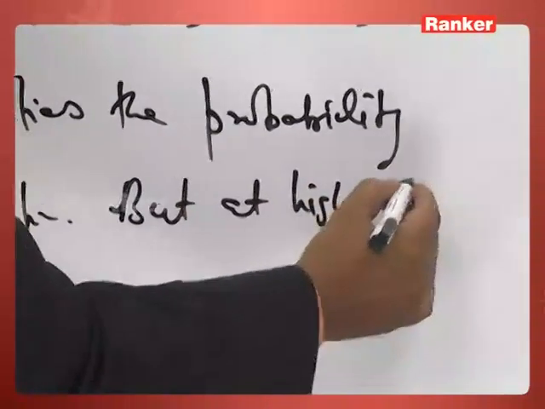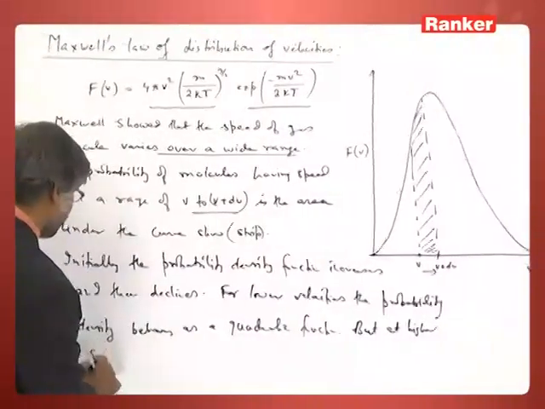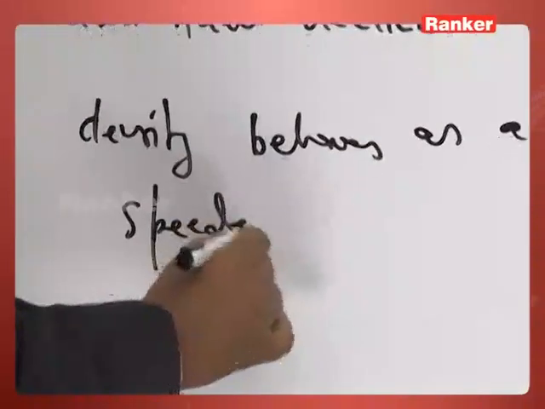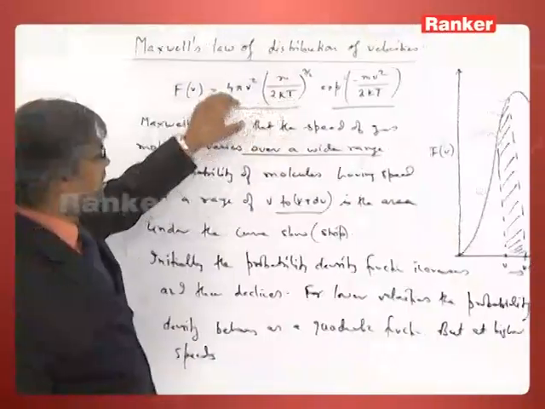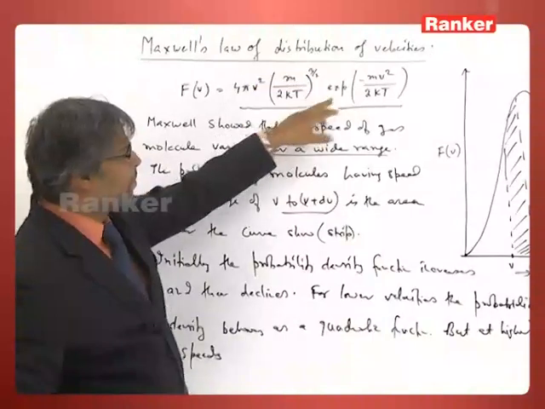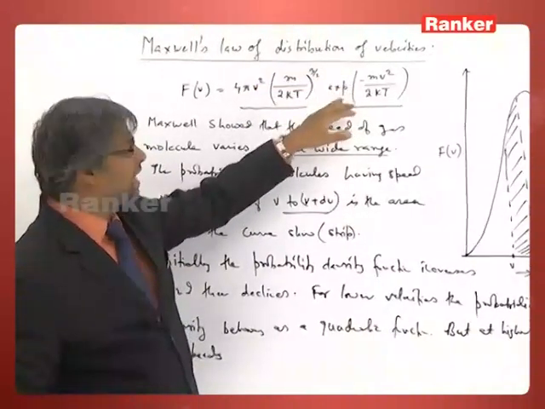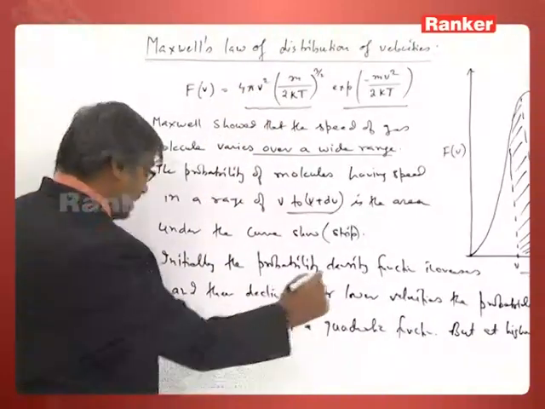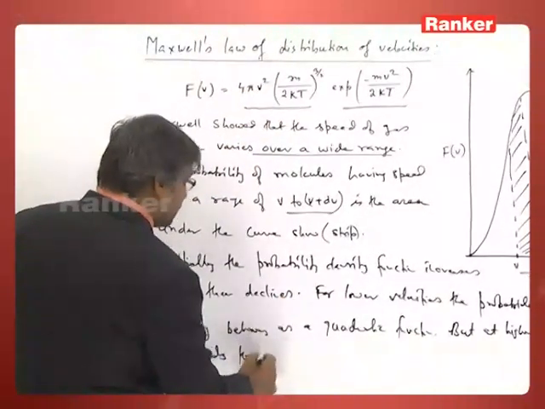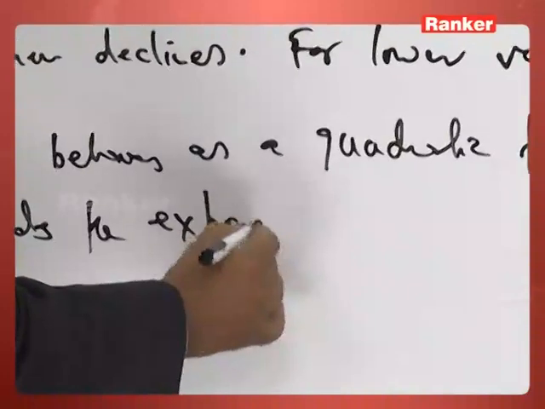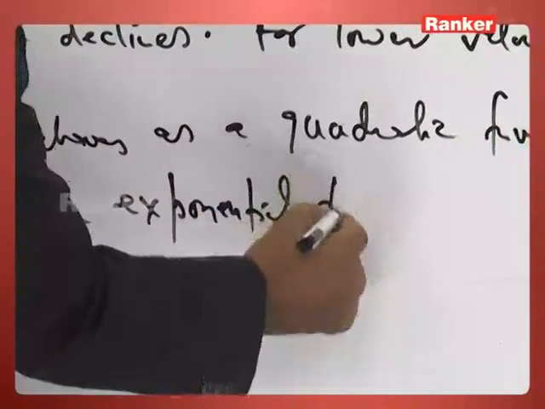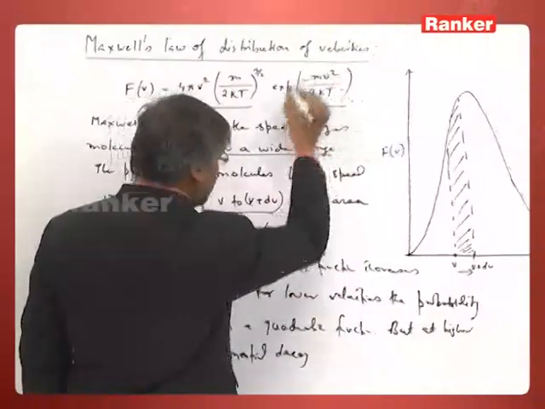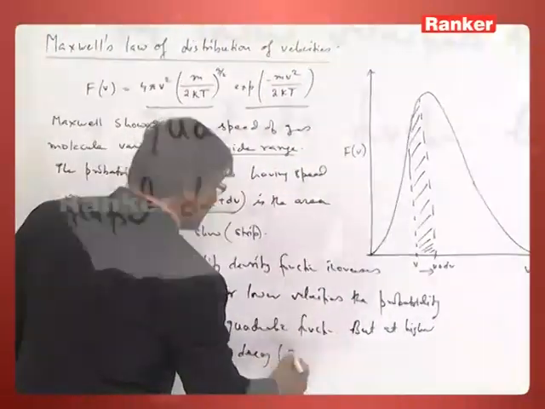But at higher speeds, when v is large, this term is increasing, but this term is declining and this dominates more than this.